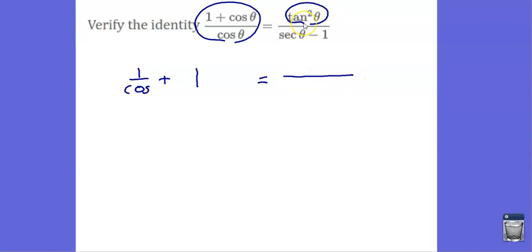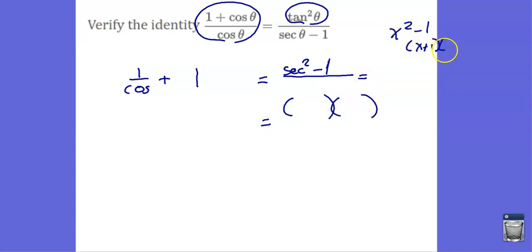Tangent squared, you should recognize as secant squared minus 1. That's one of the identities. So secant squared minus 1 factors, just like x squared minus 1 factors to x plus 1, x minus 1. So this is going to be secant plus 1, secant minus 1. And then again, notice the bottom, you have secant minus 1.